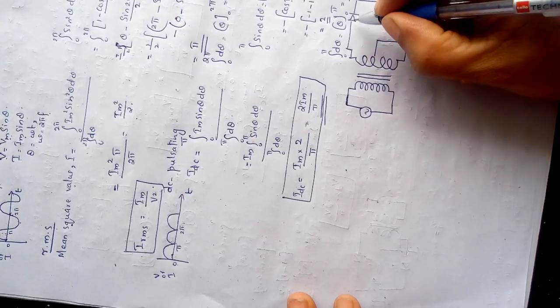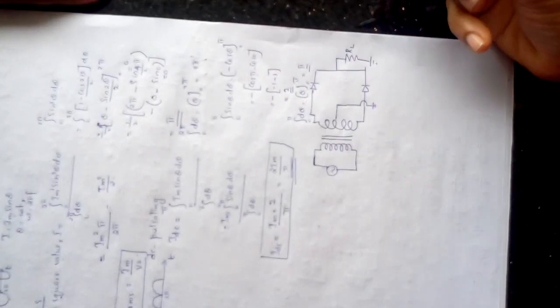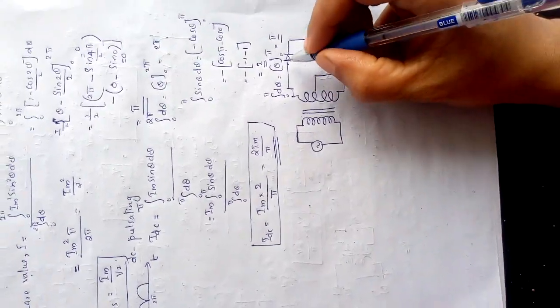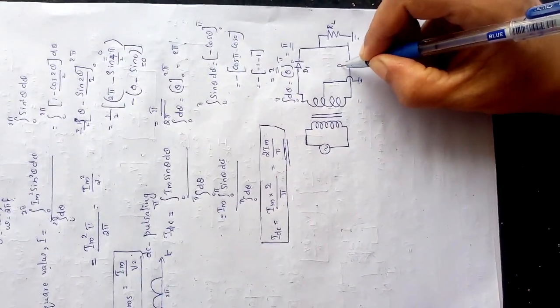So this is our circuit. This is the load resistance. We call the externally connected resistance the load resistance. We have two diodes D1 and D2.